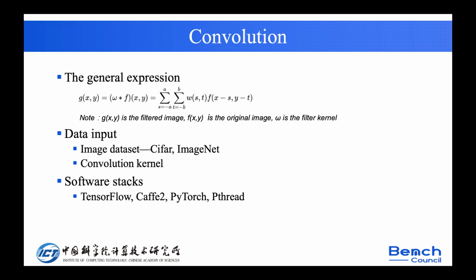First is convolution. Convolution is widely used in many vision tasks, and we provide image datasets including CIFAR and ImageNet, and we also provide TensorFlow, Caffe2, PyTorch, and pthread implementations.